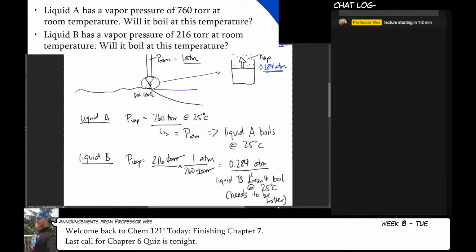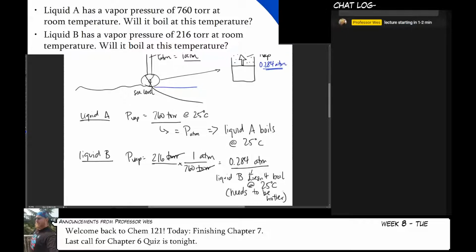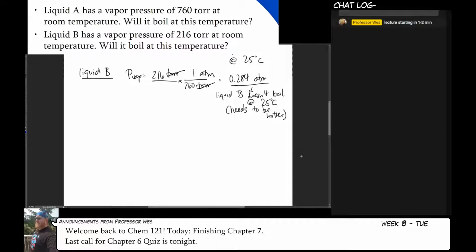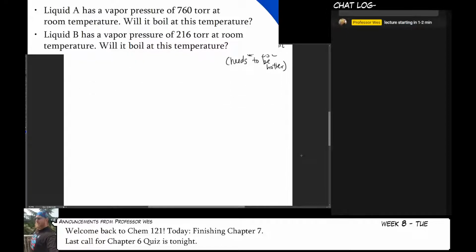Now, if liquids boil, they turn from a solid, or not solid, I'm sorry, a liquid to a gas, right? But doesn't that happen anyway at room temperature? And the answer is sure, but what's actually happening at room temperature is this is our liquid, and here are our molecules right here.